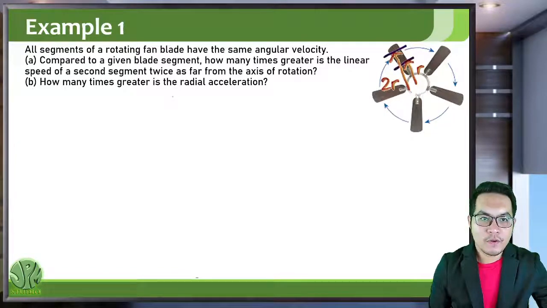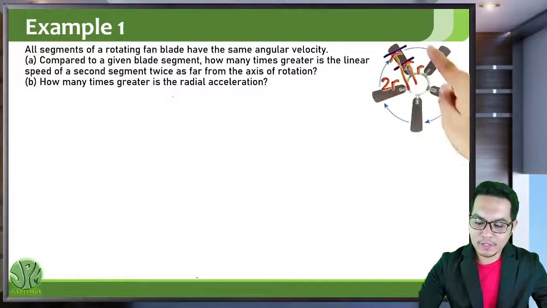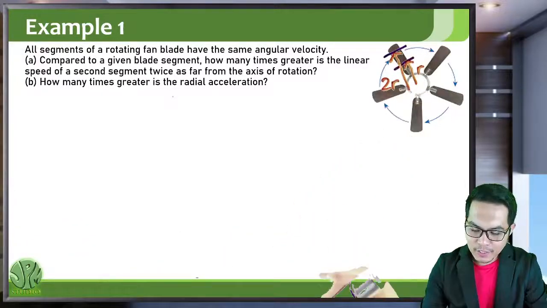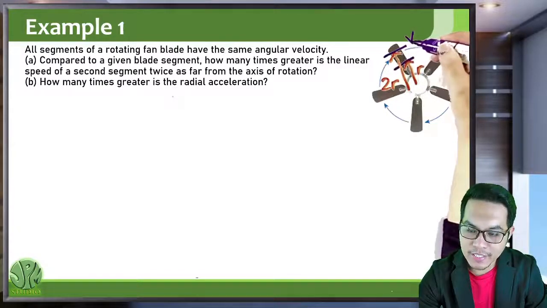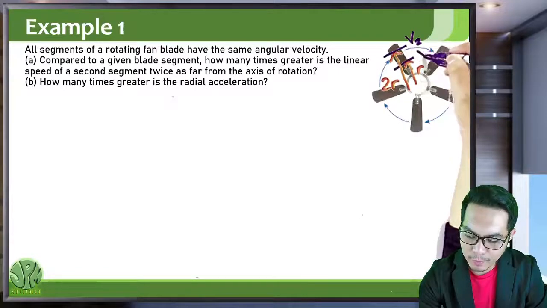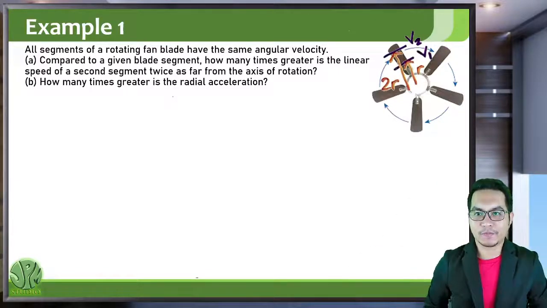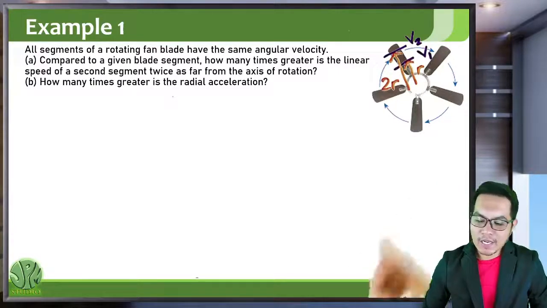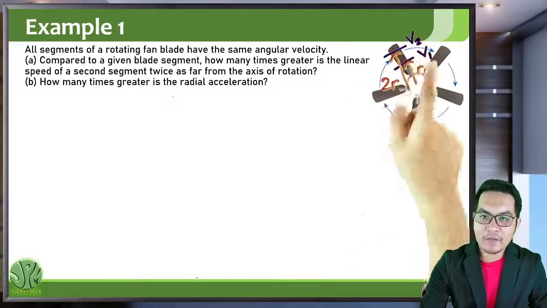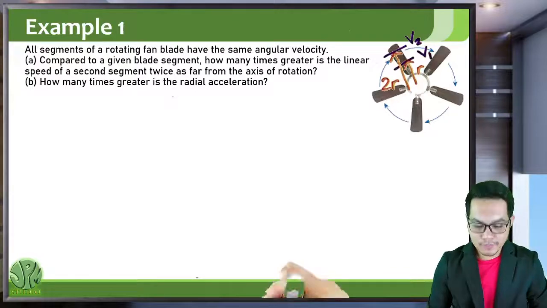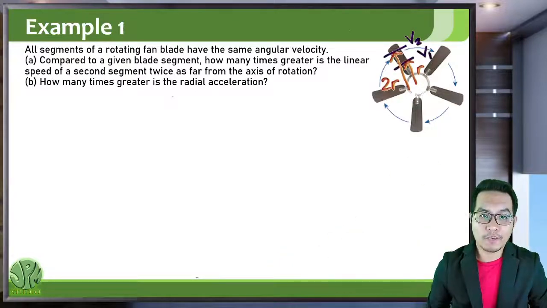So the question is, how many times greater is the speed in the second segment, as compared to the speed in the first segment, say v1? We just need to compare the linear velocity of the second segment and the tangential velocity of the first segment.